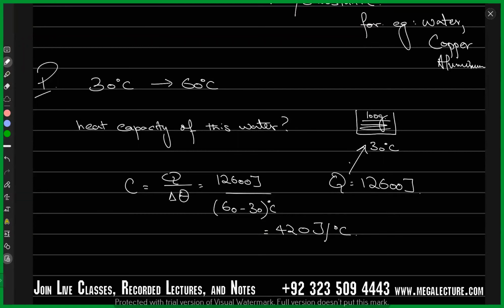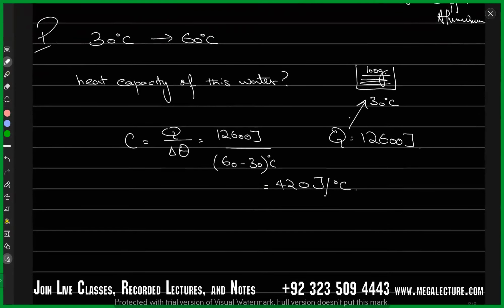All right. Now suppose that I add more water to this. Everything is still the same, but in the beaker we add more water, and now the water becomes 1,000 grams.